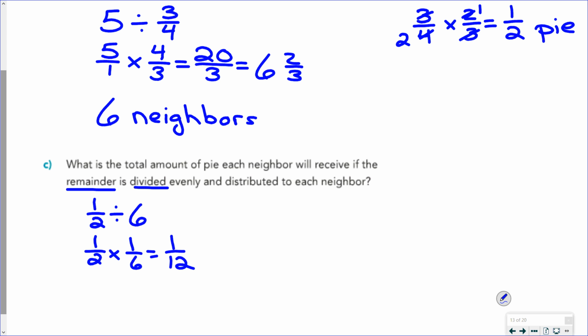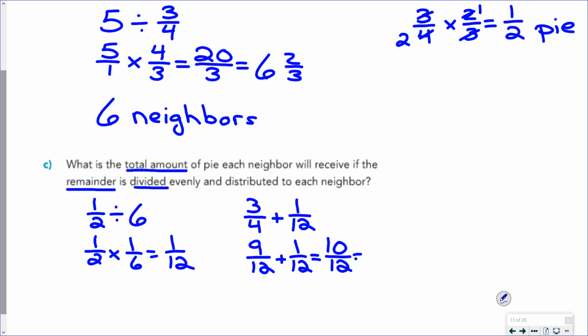And since the question asks what is the total amount each neighbor will receive, each neighbor already has 3/4, and they will now be receiving an additional 1/12. A good common denominator to use when you have a 4 and a 12 is 12. So 9/12 is equivalent to 3/4. You add that to 1/12, which gives you 10/12, which simplifies down to 5/6. So each neighbor would receive 5/6 of a pie.